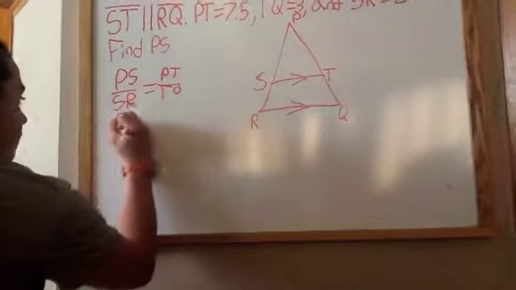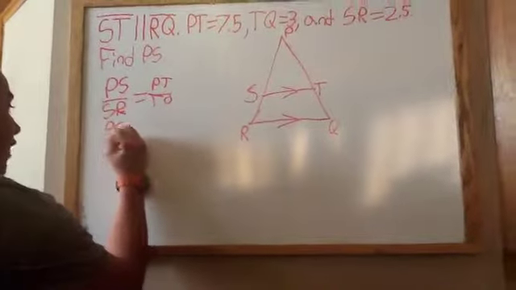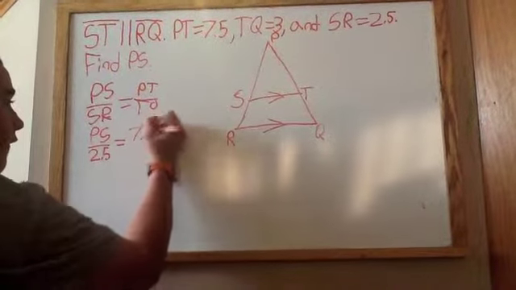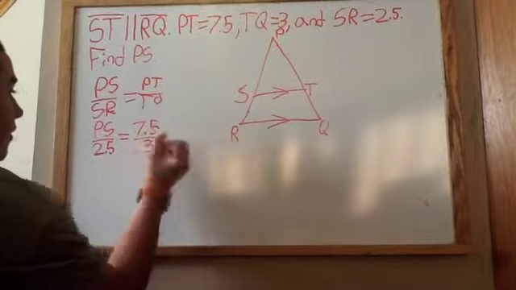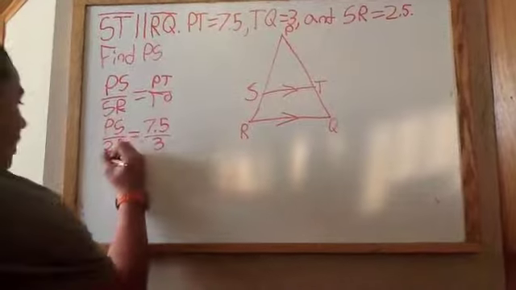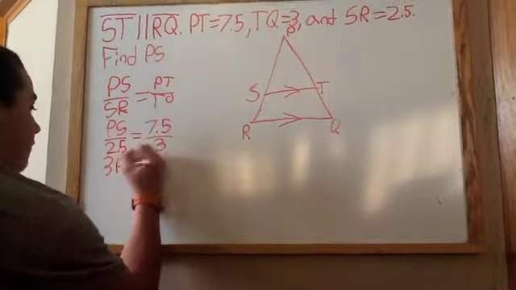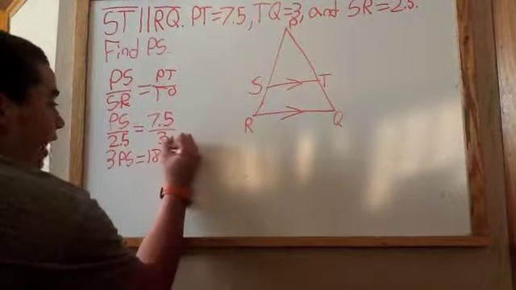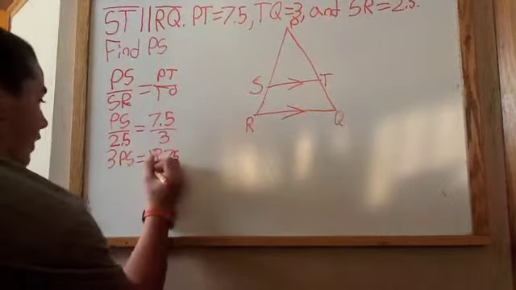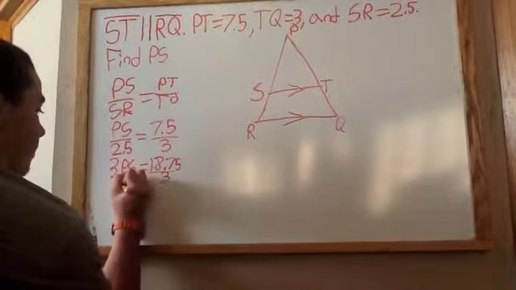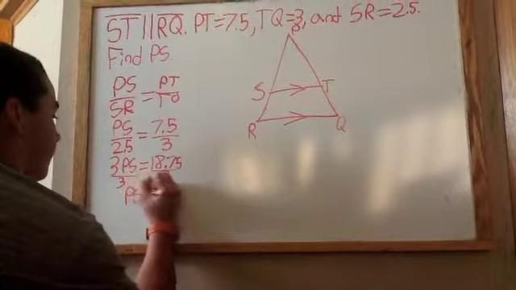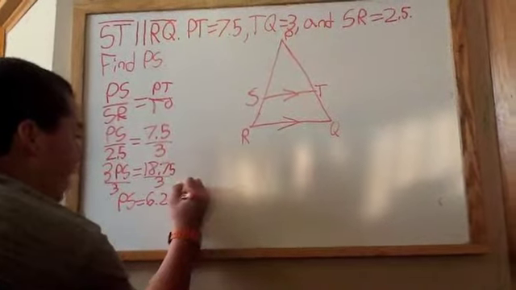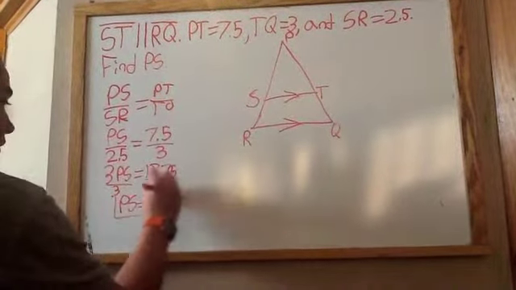So PS over 2.5 equals 7.5 over 3. Now we're going to cross multiply, so it's 3 PS equals 18.75. Then we're going to divide each side by 3, and we'll get PS equals 6.25. And that is the answer.